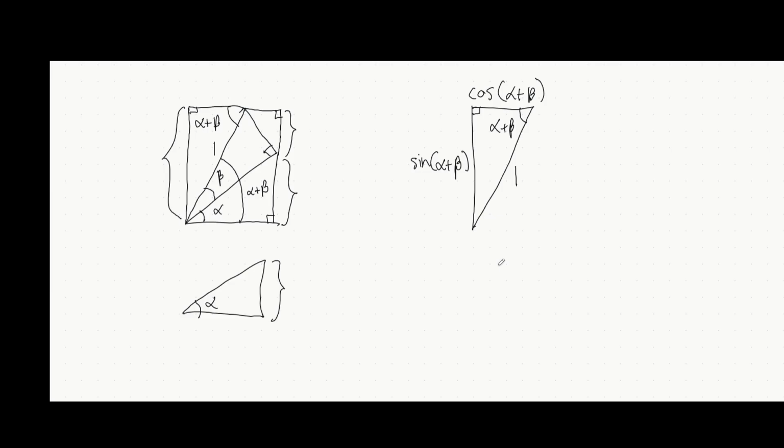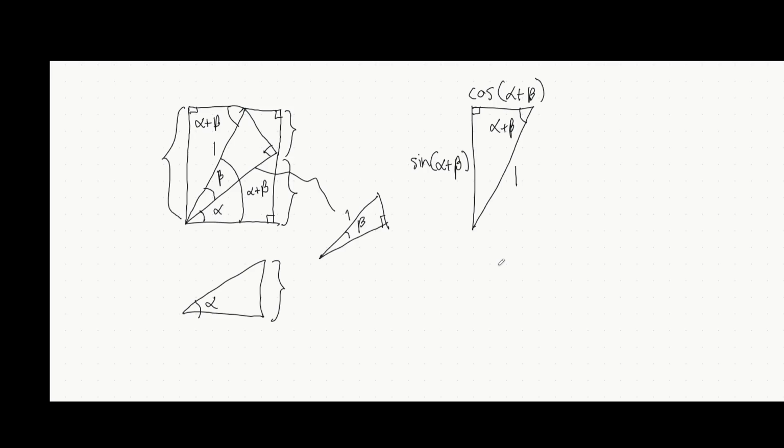So the hypotenuse, well, this is the component of the triangle in the middle adjacent to the angle beta, and the hypotenuse is 1.